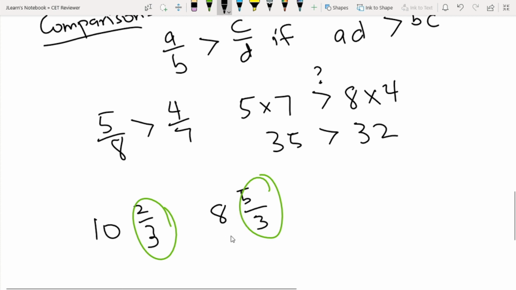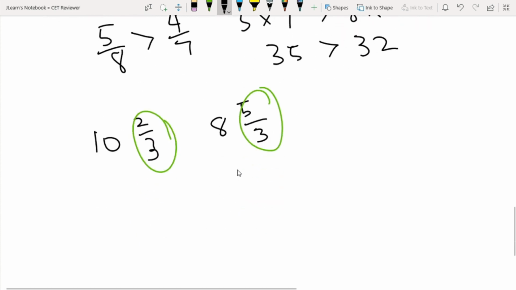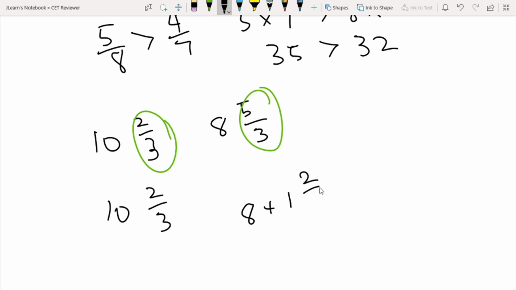So we simplify 8 and 5/3 into a proper fraction. So since yung 2/3 ay proper fraction niya, we can just leave this alone. Then yung 5/3, kailangan natin gawing proper fraction. No? So this is basically 8 plus 1 and 2/3. Tama? Yung 5/3 ay 1 and 2/3. So if we add these, equal na to sa 9 and 2/3.